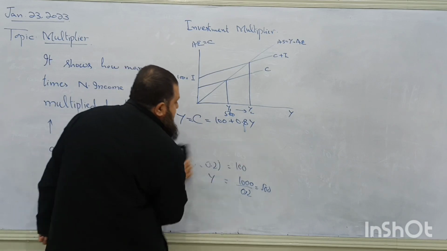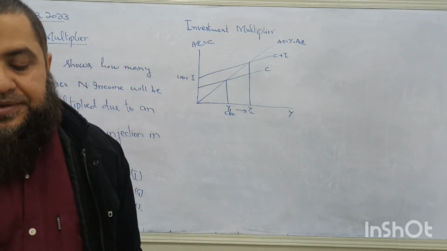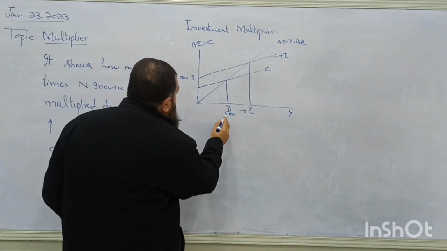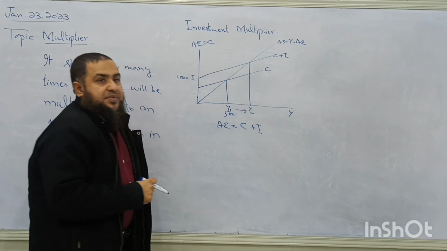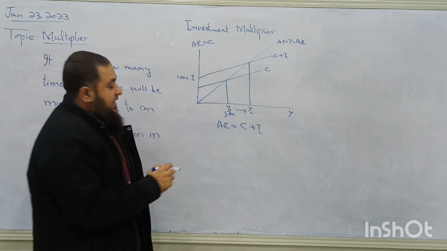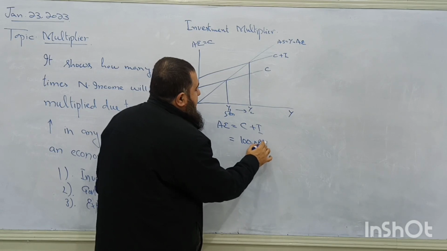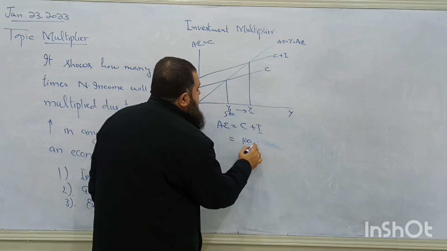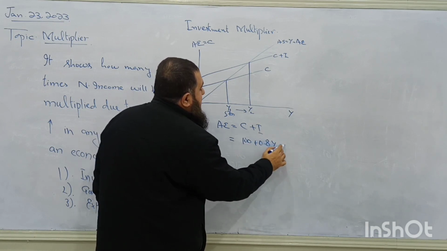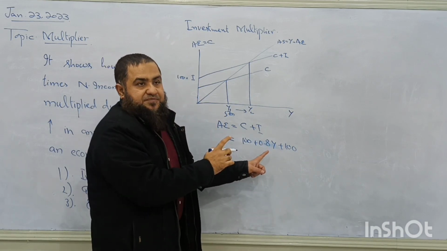Now I am going to raise this. Aggregate expenditure is equal to C plus I, isn't it? What is the C? That's 100 plus 0.8 Y, plus 100. Now investment is about 100 million.